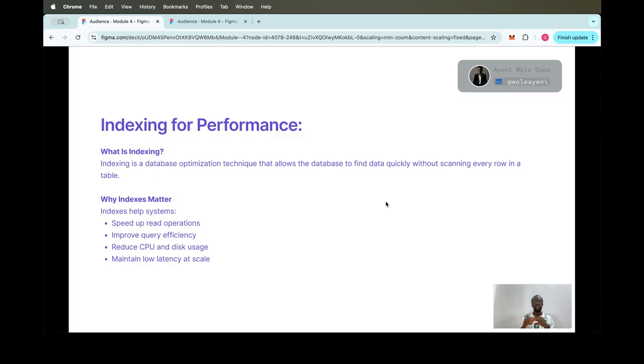Imagine you have a database with over 10 million users, and you're querying the database against your email address. Ideally, it goes through each row of information to find it. Take for instance, your information is in the last row.